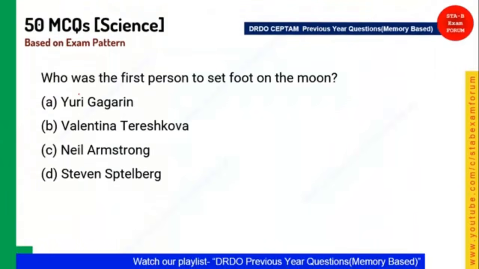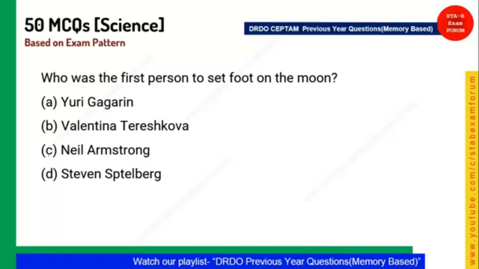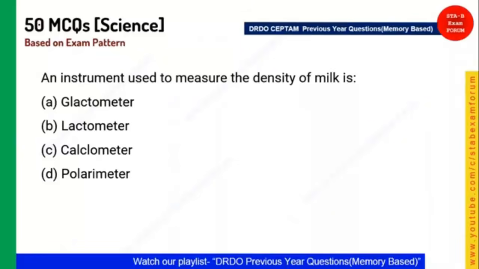Coming to the next question, a very simple one, student. The first person to set foot on the moon is Neil Armstrong. Edwin Aldrin was the second person, and Valentina Tereshkova, from Russia, entered space first among women, while Yuri Gagarin first entered into space. So option C is the correct answer.